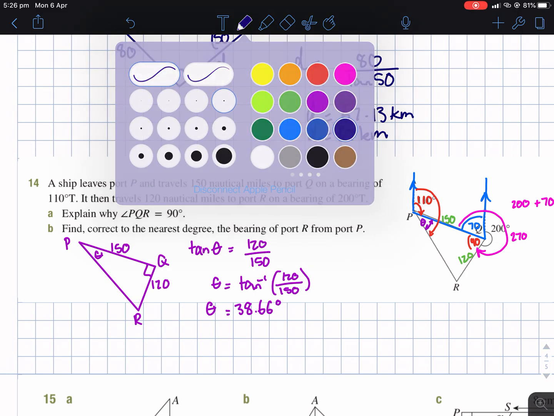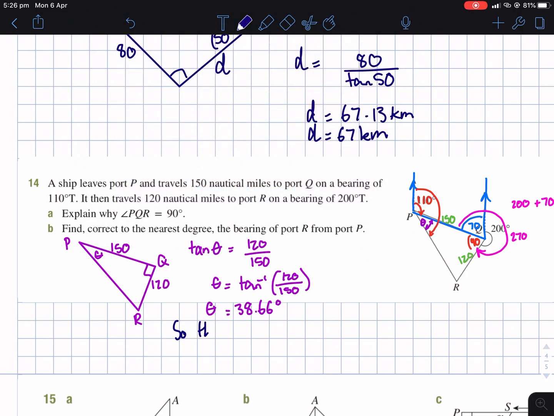So the total bearing equals 110 plus 38.66, which gives us 148.66 degrees. If they want it to the nearest degree, then that's 149 degrees.